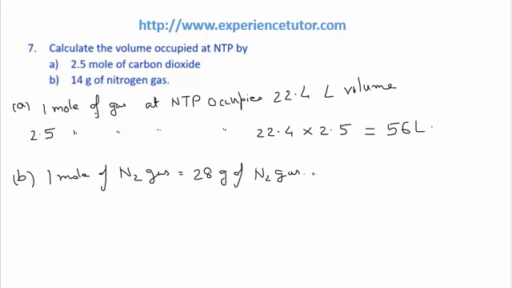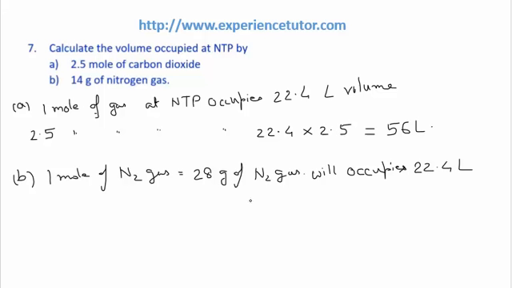So 28 gram of nitrogen gas occupies 22.4 liter.